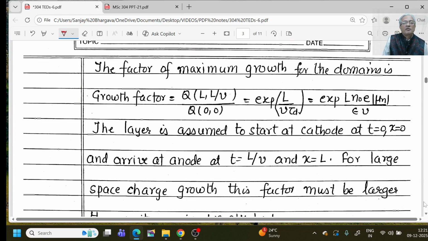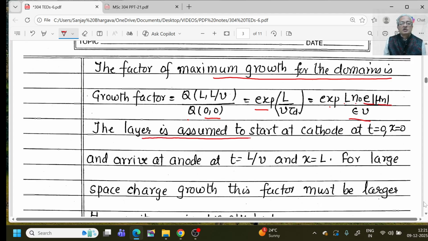The maximum growth factor for the domain is given by Q(L, L/v) upon Q(0,0), which is equal to exponential of L upon v tau d, and this can be written as exponential of L N0 e mu n upon epsilon v.